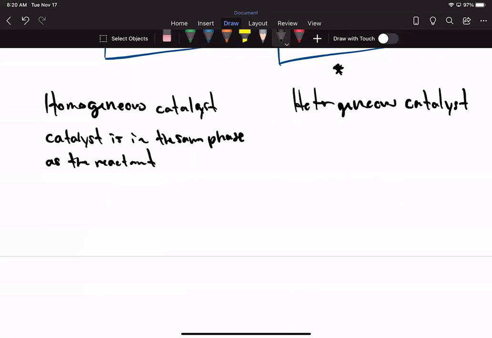If my reactant is aqueous, my catalyst is also aqueous, right? It has to be in the same phase. And the heterogeneous isn't, right? So heterogeneous, the catalyst is in a different phase than the reactant.